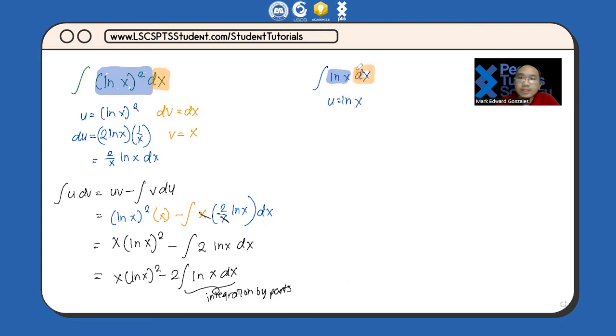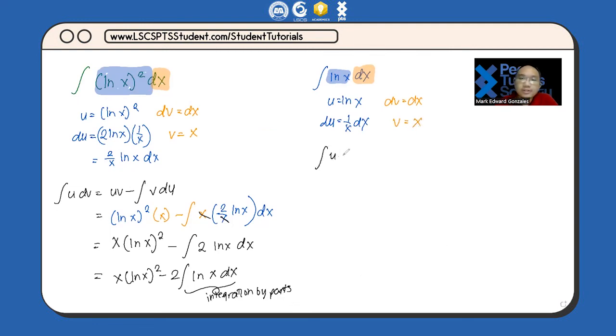This will serve as our dv. So it's quite analogous to this one. Doing the usual math, 1 over x dx, v equals x.